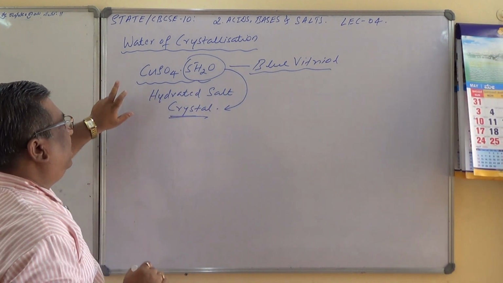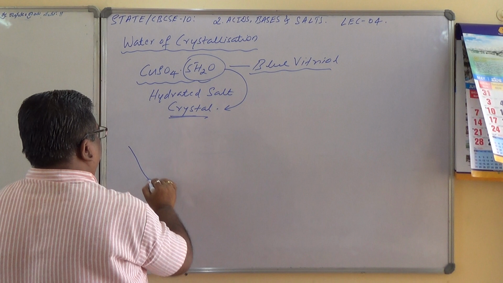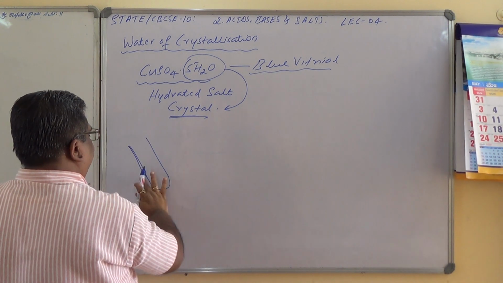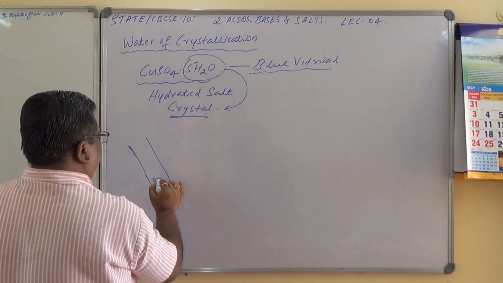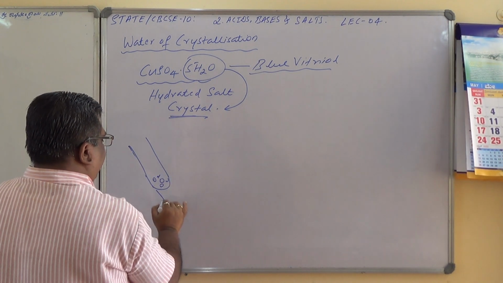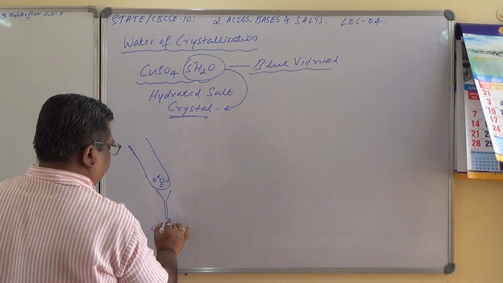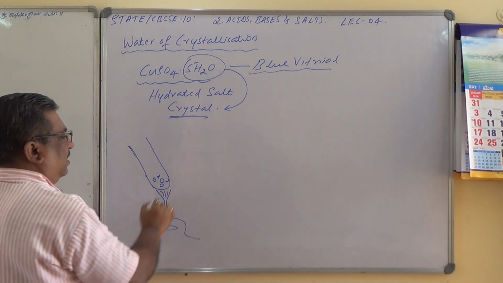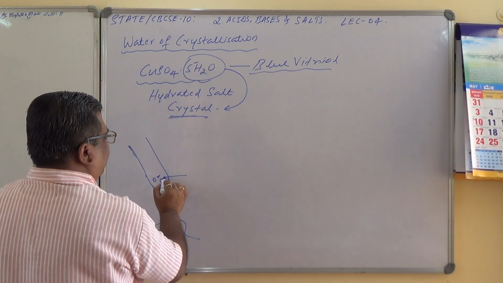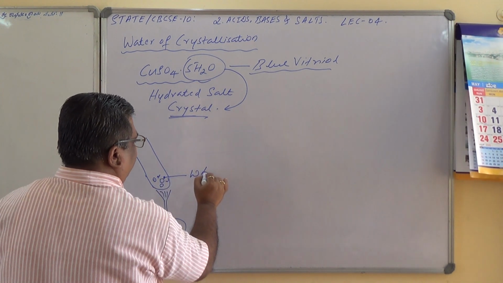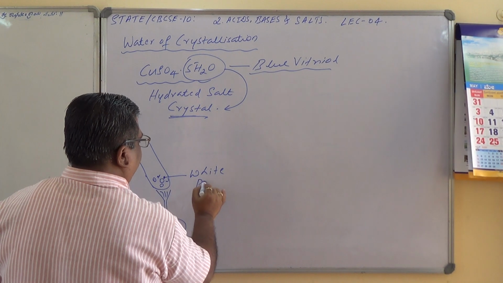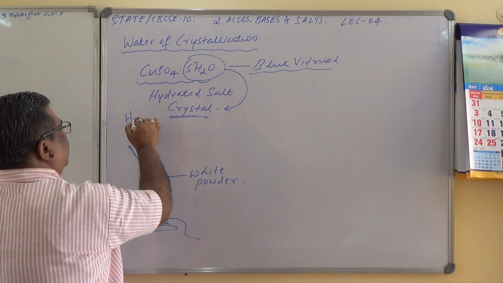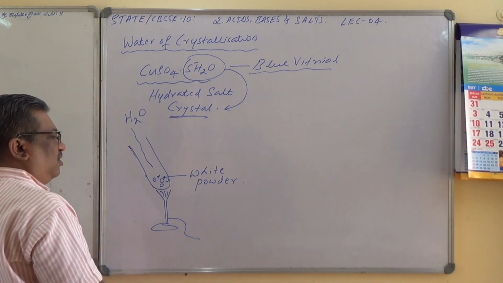Now, if you take hydrated copper sulfate crystals in a test tube and heat it, what happens? This blue copper sulfate turns to white powder. What does it lose? It loses water of crystallization molecules.